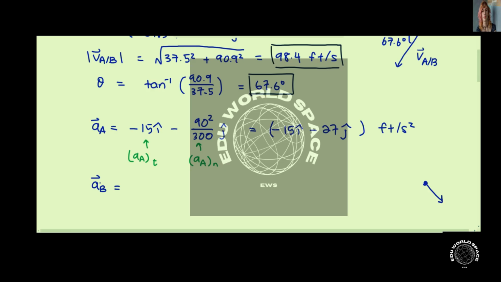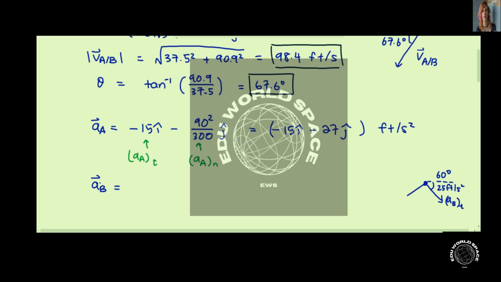For car B, just look at this diagram. Car B is slowing down at 25 feet per second squared, so it is pointing in this direction, and the angle is 60 degrees. This is our a_B tangential.